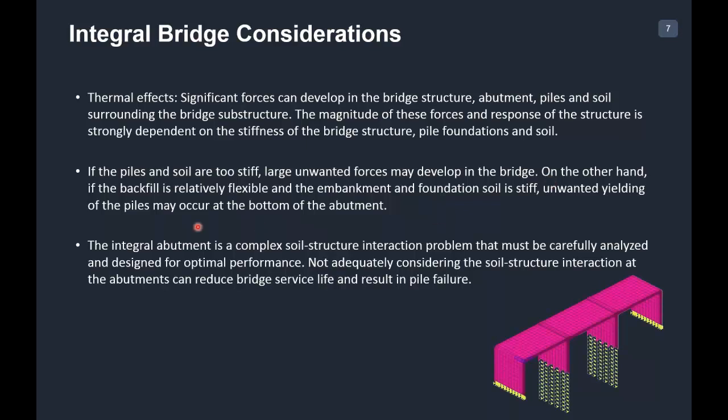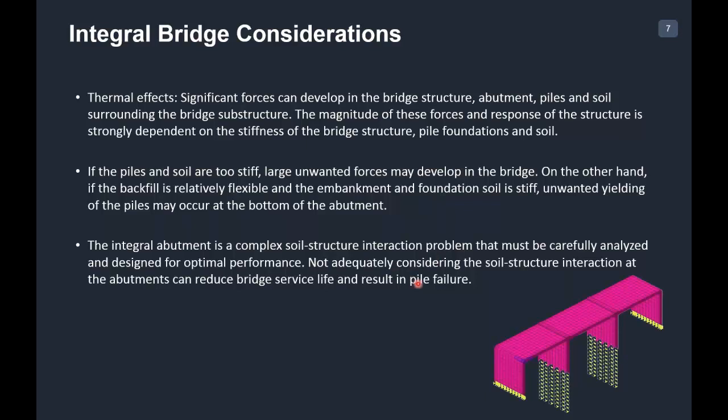On the other hand, if the backfill is relatively flexible and the abutment and the foundation soil is stiff, there would be a difference. That causes an unwanted yielding of the piles at the bottom of the abutment. Clear? The integral abutment is altogether a complex soil structure interaction problem that must be carefully analyzed and designed for optimal performance.